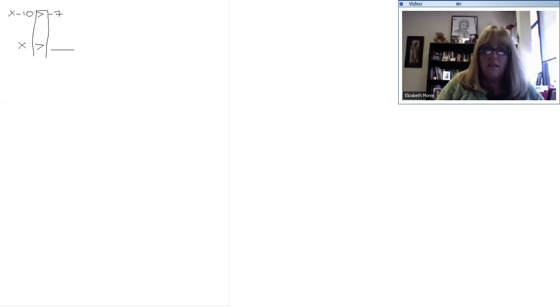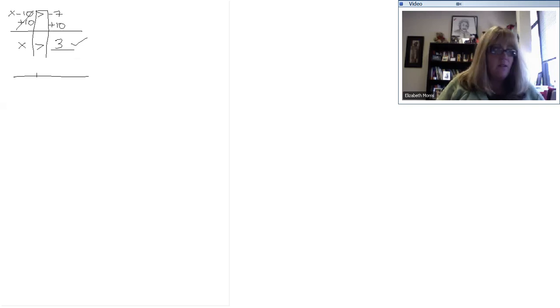The 10 is negative, so I add it or make it positive. And it's gone. Negative 7 and positive 10 is 3. Now that's the answer as an equation, or what we call an inequality. I also need to have it on a number line.